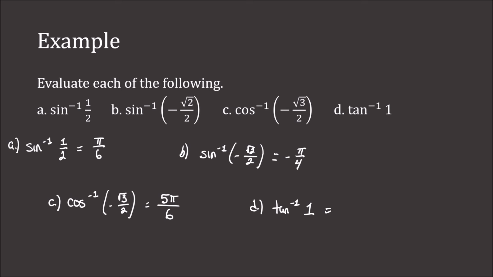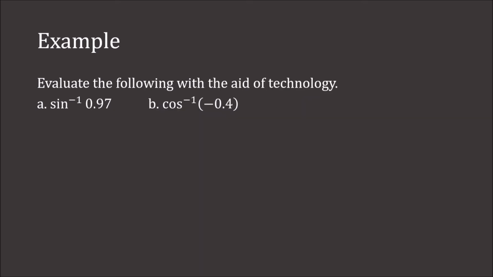This is another way of asking what angle has sine and cosine equal. Well, that angle is pi over 4. In the next video, right after this one, I will show you how to evaluate inverse trigonometric functions using technology, specifically using the TI-Nspire.